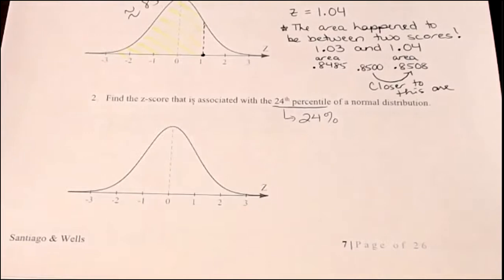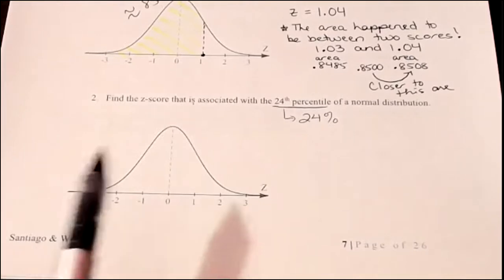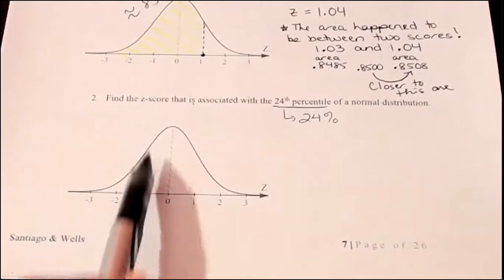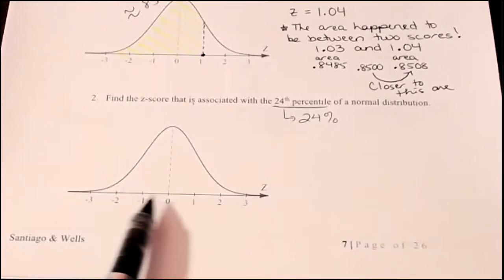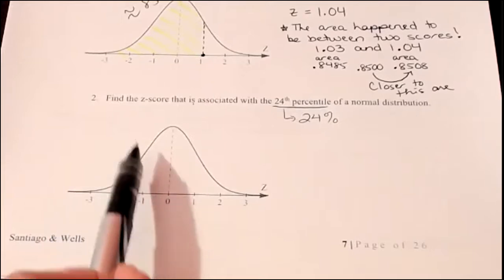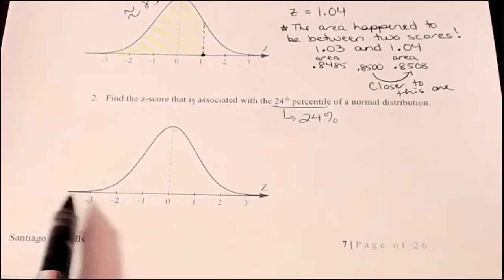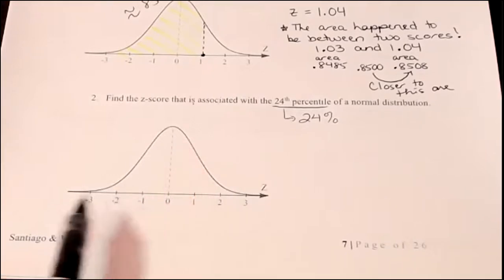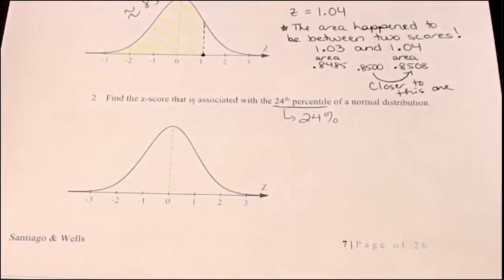But we want 24. So can we already have some sort of guess as to where that would lie? I would imagine it's possibly between a -2 and a -1 for a z-score. If shading all the way to 0 is 50%, then it's somewhere in here, I would imagine. But let's check it out.